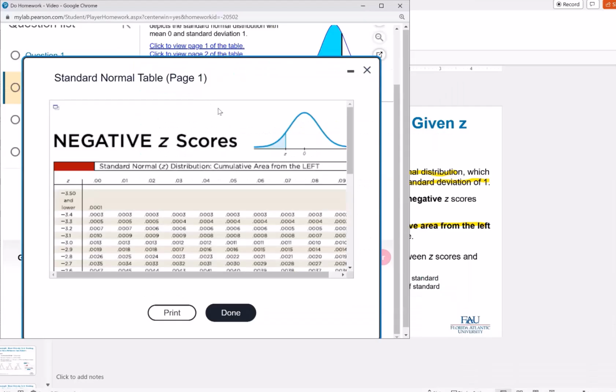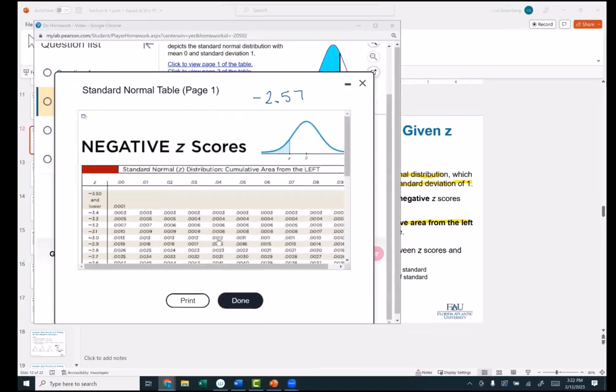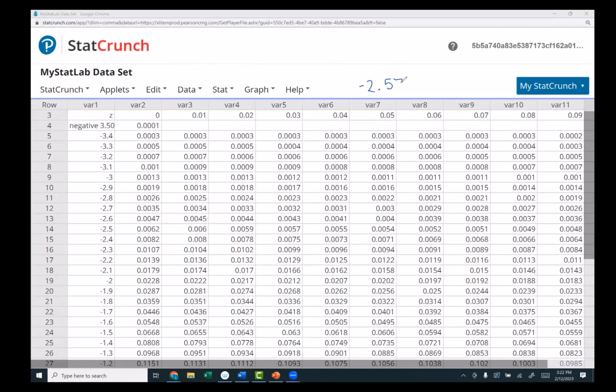If I have a z-score of negative 2.57, this is the table. What we do is we go down here and we see negative 2.5, and then we go over until we see, goes all the way across here.